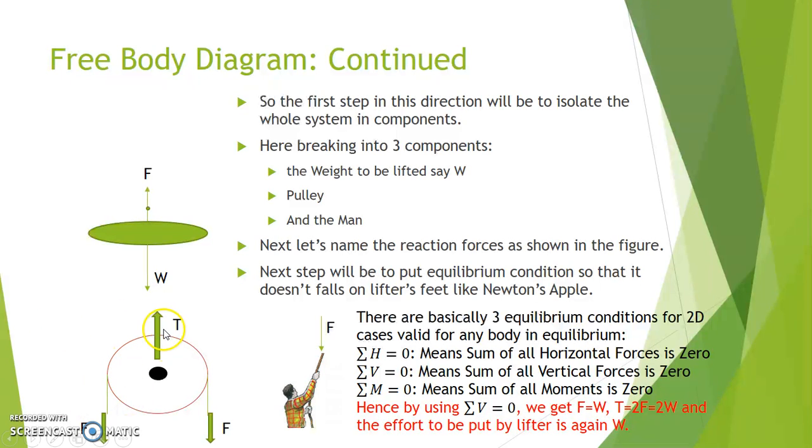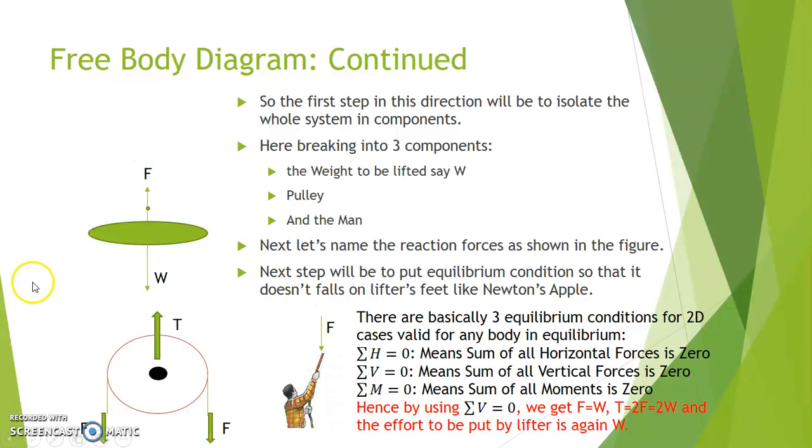So you will require one T, which is again another force, and you are again doing some exercise so that you can pump up your muscles. So obviously you are applying some force, which is F, as shown over here.